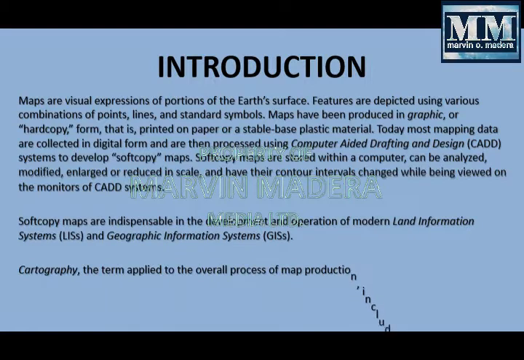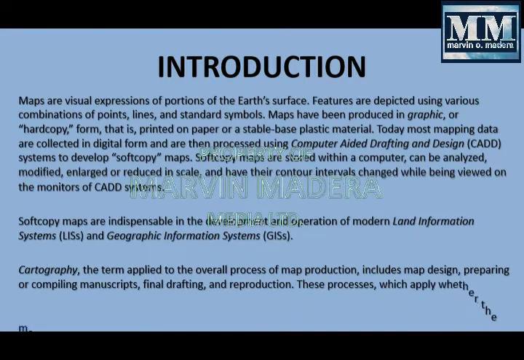Soft copy maps are stored within the computer, can be analyzed, modified, enlarged, and reduced in scale, and have their contour intervals changed while being viewed on the monitor of the CAD system. Soft copy maps are indispensable in the development and operation of modern land information systems and geographic information systems. Cartography is the term applied to the overall processes of map production, including map design, preparing or compiling the manuscript, final drafting, and reproduction.